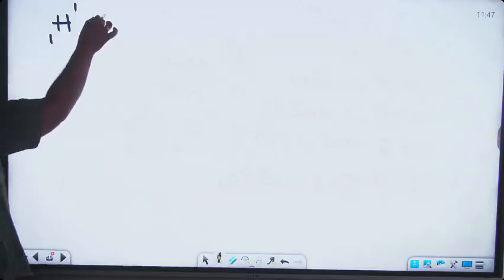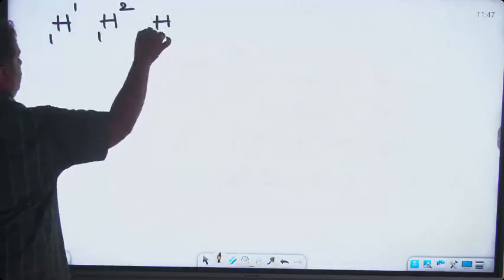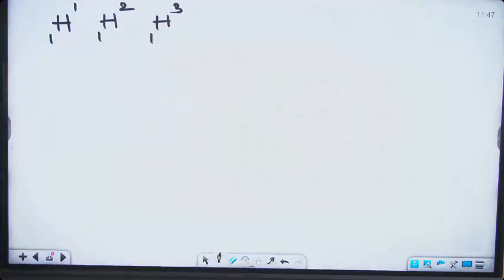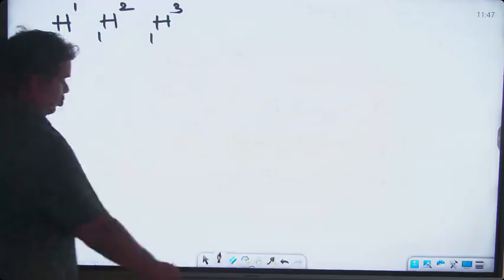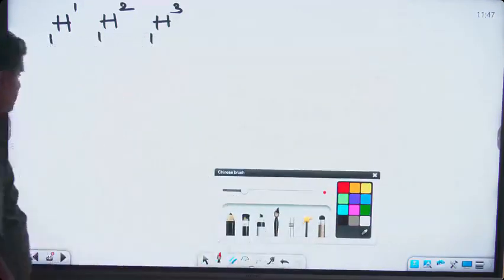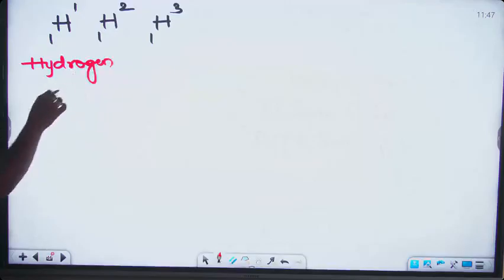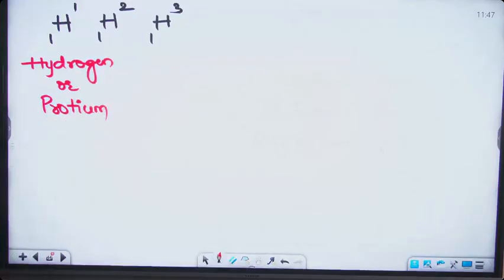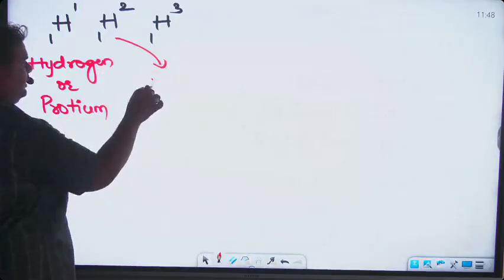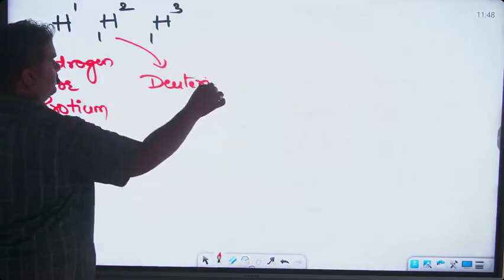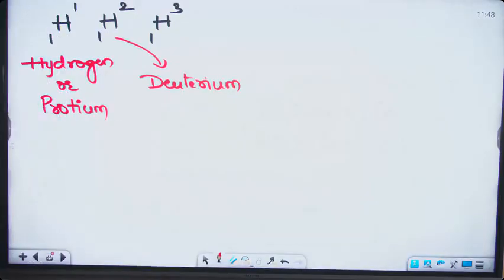The other example is 1H1, 1H2 and 1H3. 1H1 is known as hydrogen, or else it is also known as protium. 1H2 is also known as deuterium.